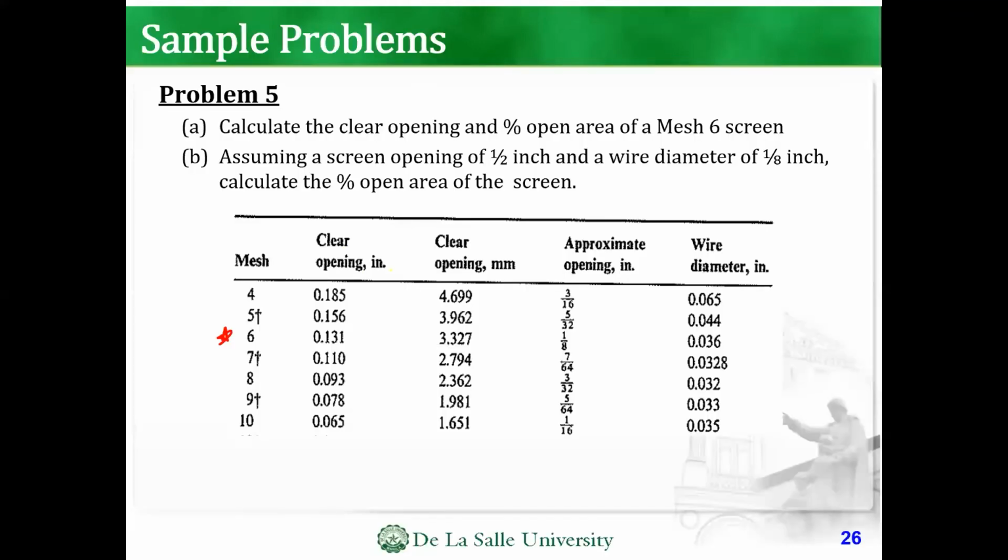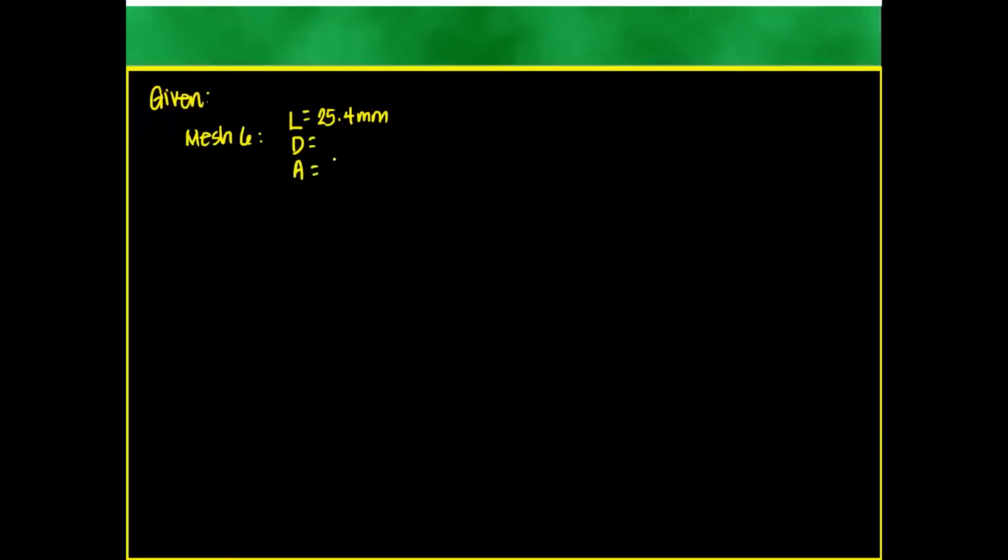For the mesh 6, these are what we need. The L is always 25.4. The D, or the diameter of the screen wire for mesh 6, is 0.036 inches. So let's just convert that.